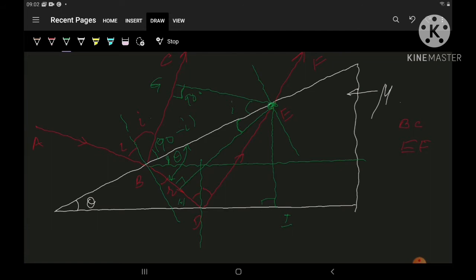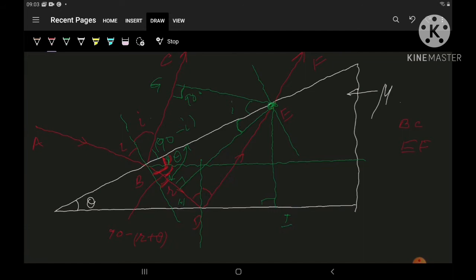So look here beta, if we consider this total angle, then it is 90, and out of this 90, one angle is theta, other angle is r. Obviously this angle will be equals to 90 minus (r plus theta).